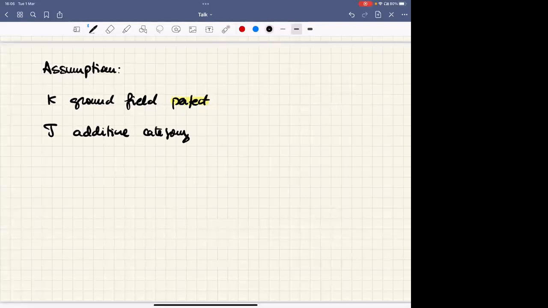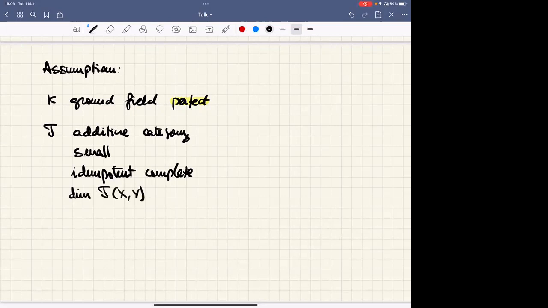This category will be small, and it will be idempotent complete. It will have finite dimensional morphism sets: the Hom vector space between any two objects in this category will be finite dimensional.